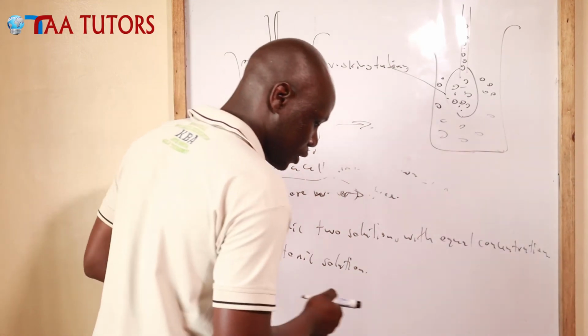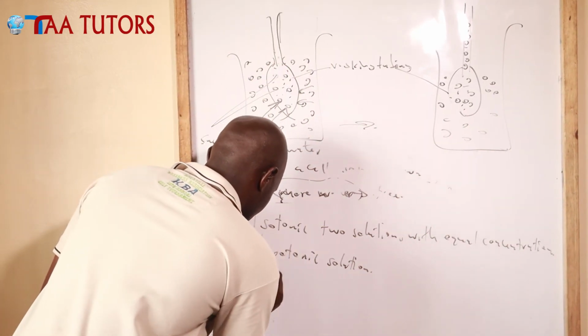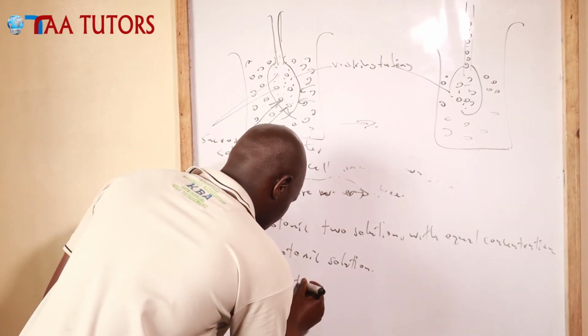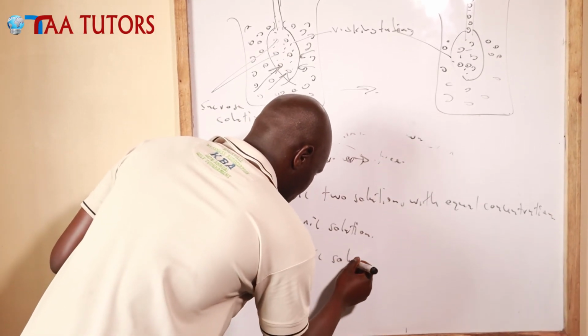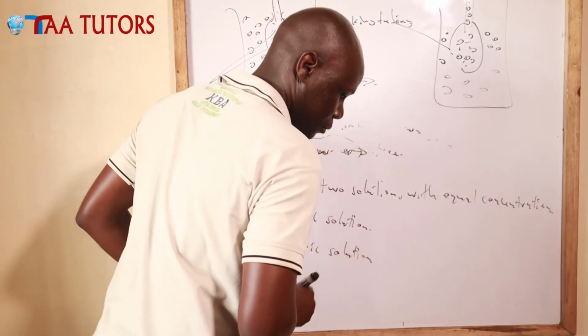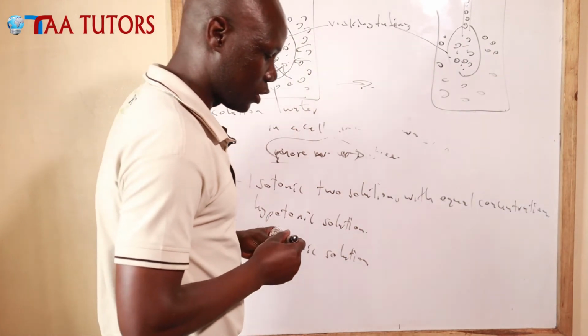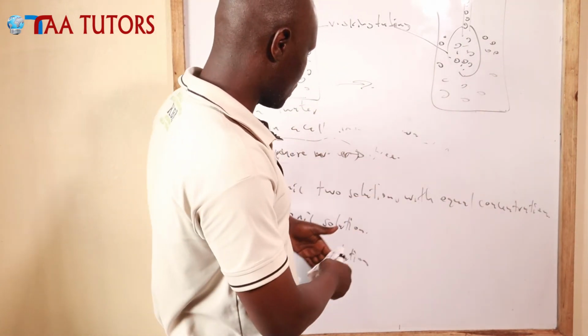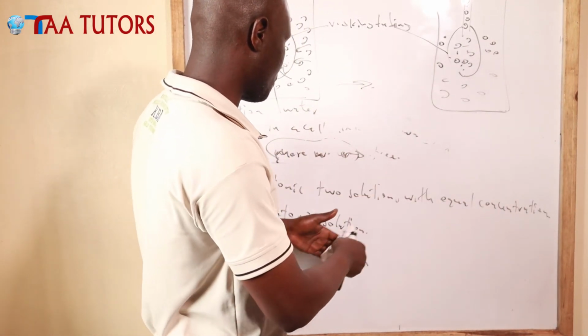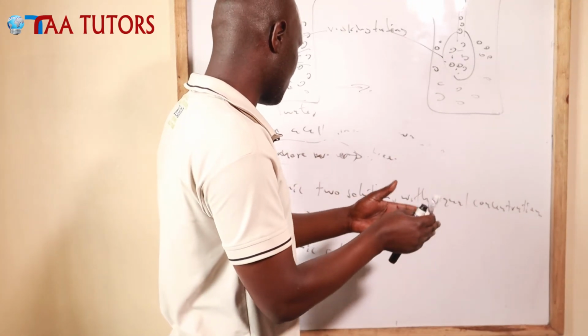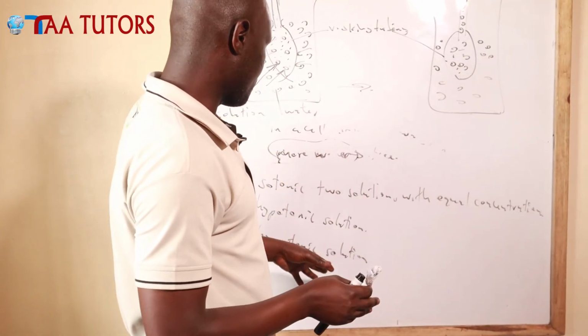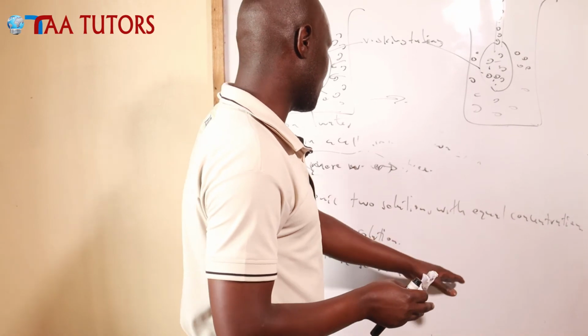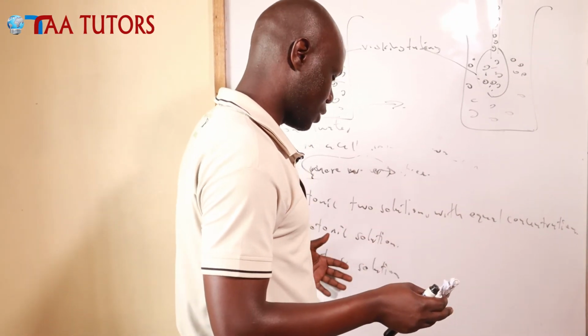Then we also have the hypertonic. So in the hypertonic solution, we are talking about the osmotic concentration of the solution that is outside, as compared to that of the cytoplasm inside the cell, being now low. So the cell here will be losing water to the surrounding.